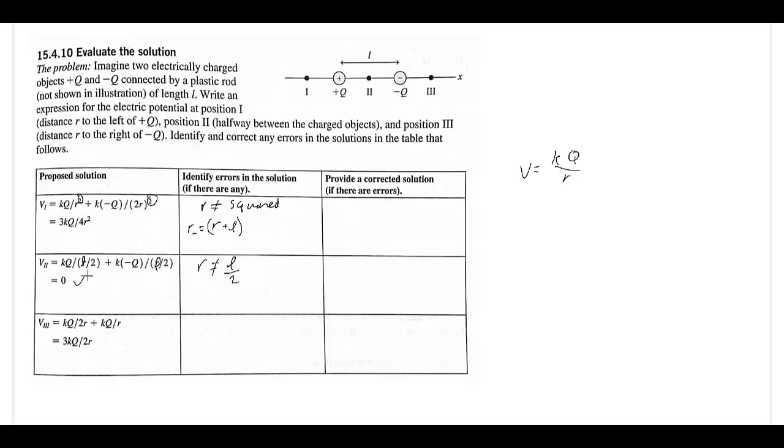So the rest of that is fine. And in this one, again, it's defining the distance here. 2r does not equal L plus r, which is what it is. And this kq over r would be fine, except this has to be negative because it is a negative charge here. Otherwise, you'd have to fix the math that goes along with that.